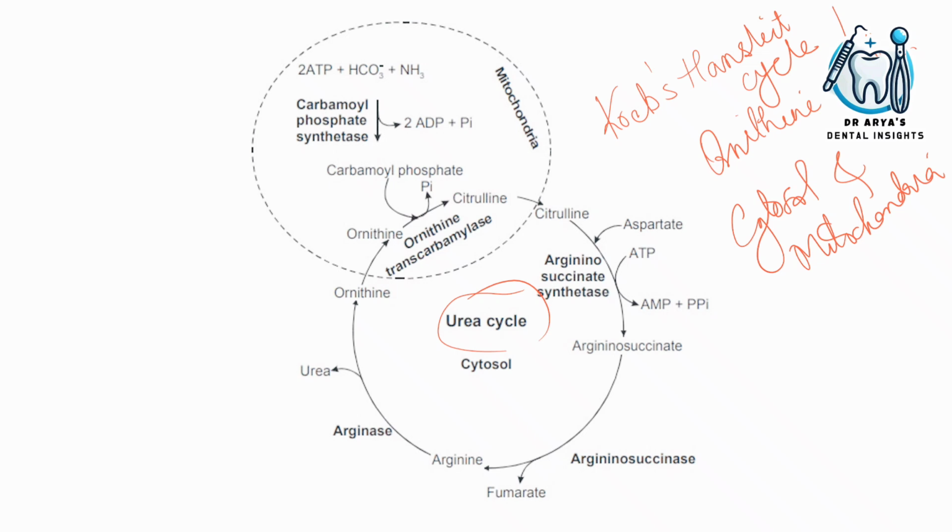So this is the urea cycle. It is otherwise known as Krebs-Hansleit cycle or ornithine cycle, and it occurs in cytosol and mitochondria in the liver. Okay.